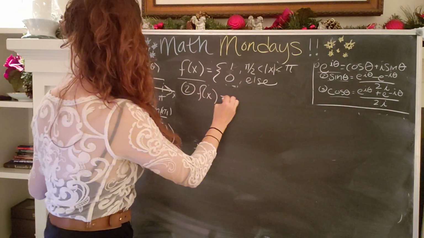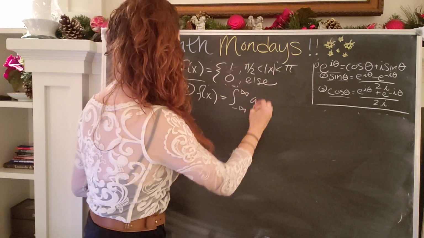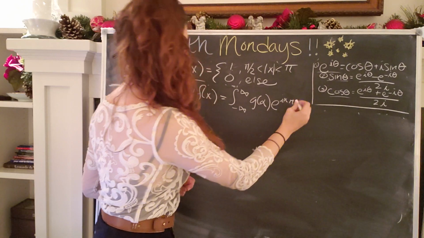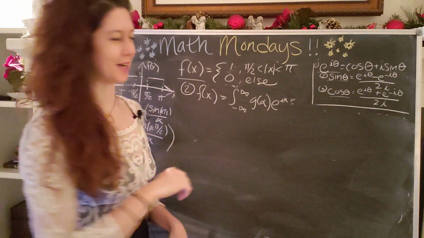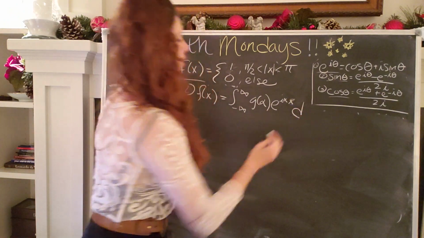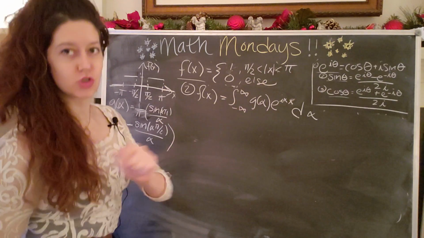F of x equals the integral from negative infinity to infinity of g of alpha times e to the I alpha x. Oh my gosh, I said x and I wrote pi. That's great. E to the I alpha x, and then this integral is taken with respect to d alpha. And now we plug in g of alpha.